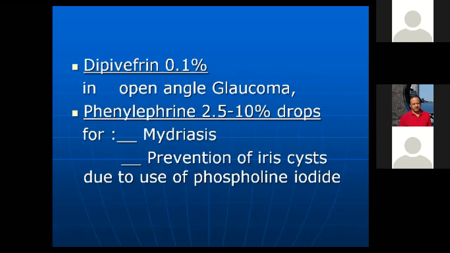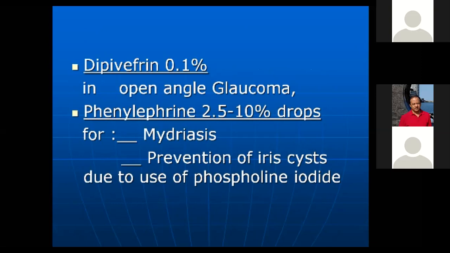Epinephrine is also available in the form of drops, 0.1%, and also used in open angle glaucoma. And the third important drug which belongs to this group is phenylephrine, which is available in 2.5% drops and 10% drops.